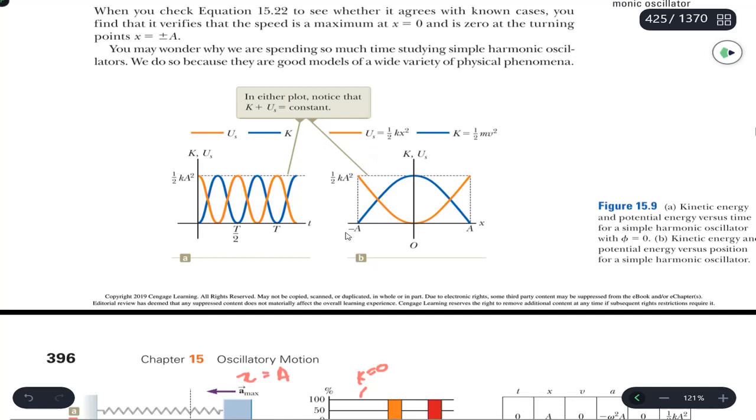So observe that at the location of the amplitude, it has the largest potential energy, and the same thing at the location here at the amplitude, while you find that the kinetic energy is in the opposite version. So take note of how the energy is plotted.